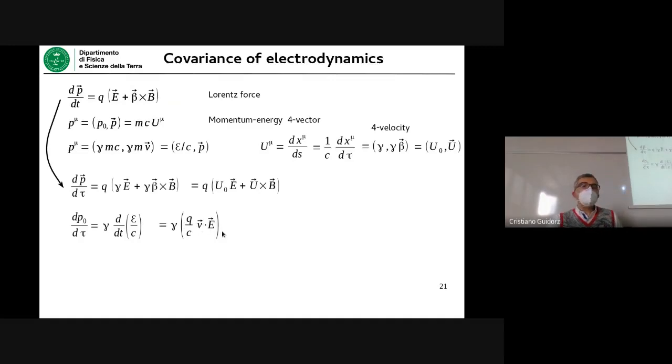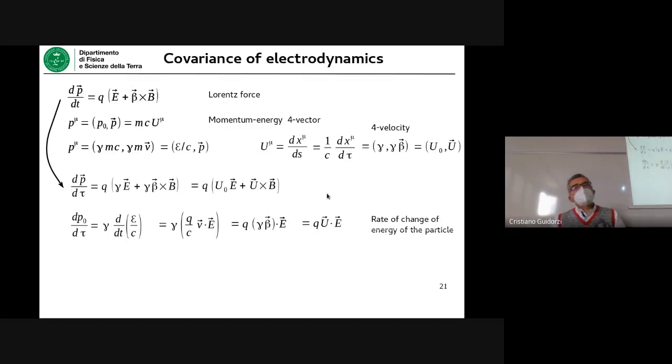So v scalar qE, but q, of course, is a scalar, so you can put it everywhere. Now, you have gamma v over c, where v is a vector. But gamma v over c is gamma beta vector, and gamma beta is u, the spatial component of the four-velocity. So you can immediately write this as q u scalar E.